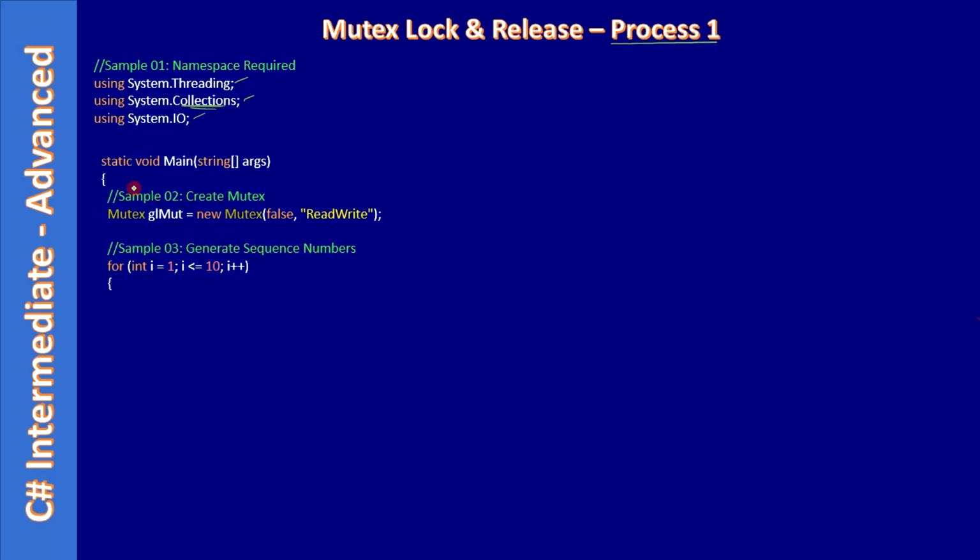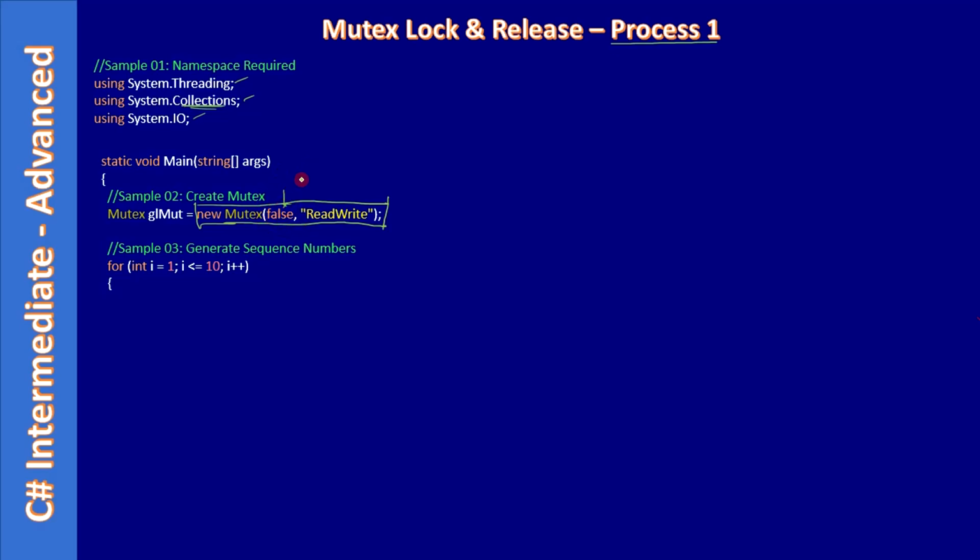So in the main entry, if you see, process 1 is creating the new mutex object. When we are creating the mutex, we pass false. That means we are not owning the mutex.